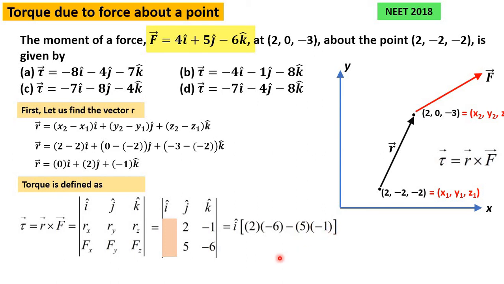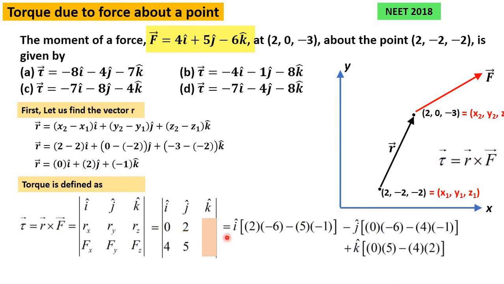Similarly, for the next, j cap, hide the numbers below j cap, and then you write down minus j cap, and then cross multiply 0 with minus 6, and subtract 4 into minus 1. So 0 into minus 6 minus 4 into minus 1. And lastly k cap. Hide the numbers below k cap, and then you cross multiply 0 into 5 minus 4 into 2.